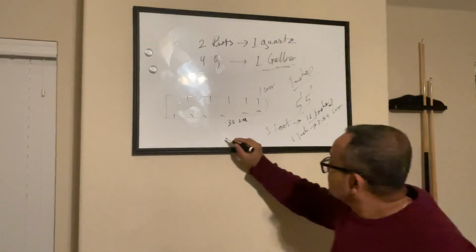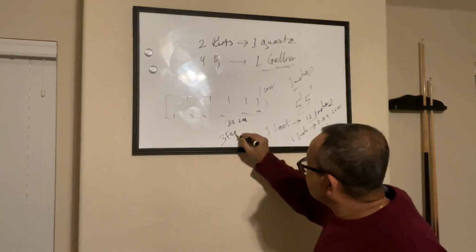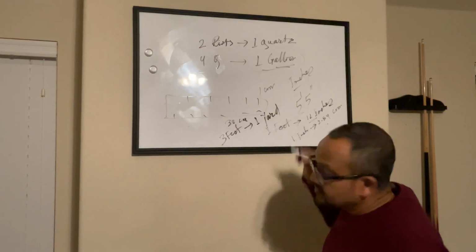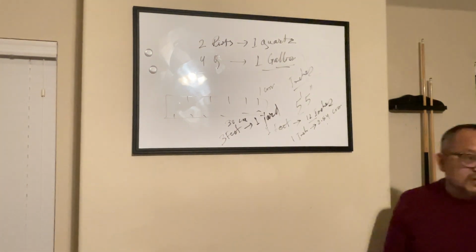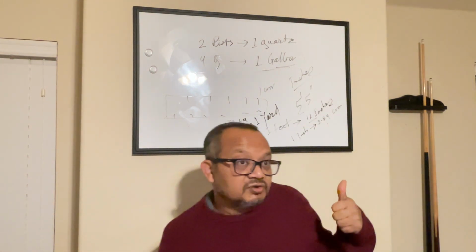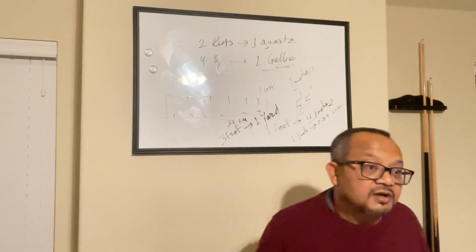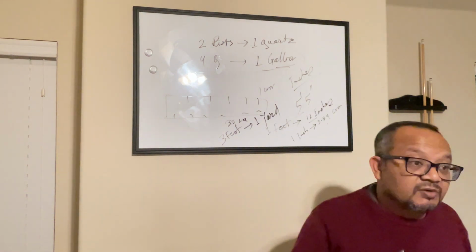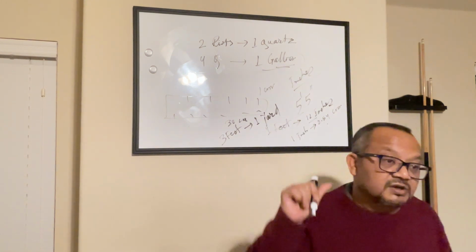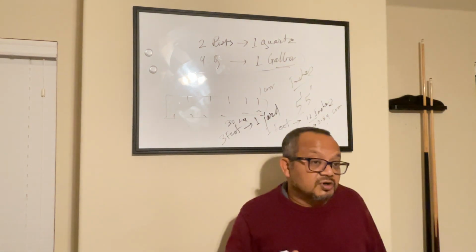And then 3 feet equals 1 yard. So inch to centimeter, 1 inch equals 2.54 centimeters, 12 inches 1 foot, 3 feet 1 yard. This is one conversion that you have to remember. And the second one is pints to quarts to gallon.